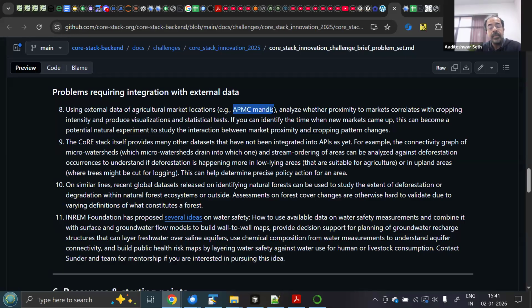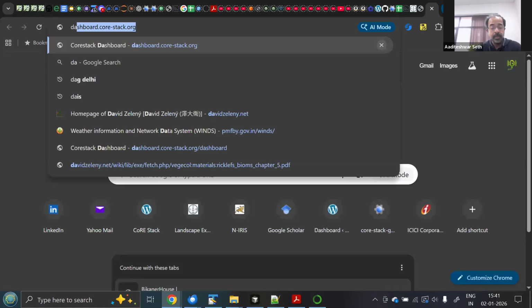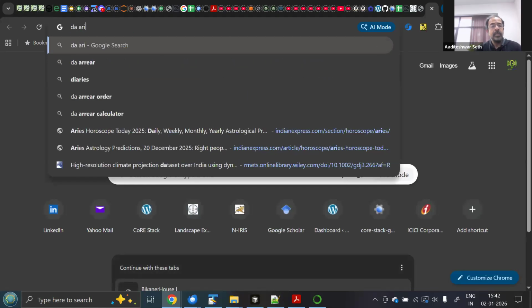How do you get these APMC mandis? If you can, that will be a good contribution to build this data set. There's actually a simple way, it's just that somebody has to do it.